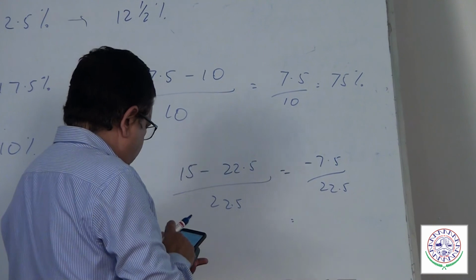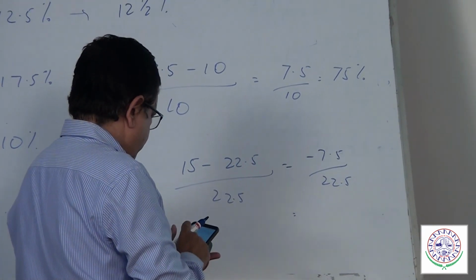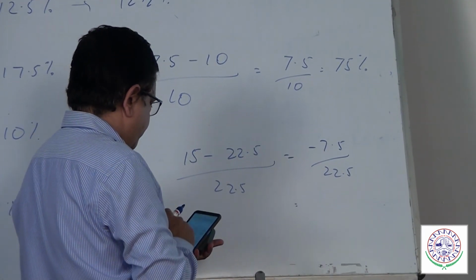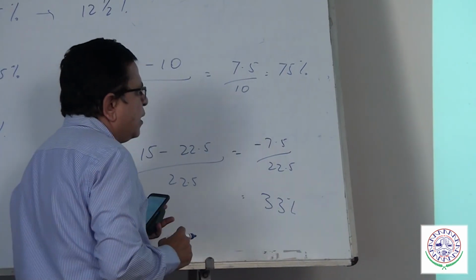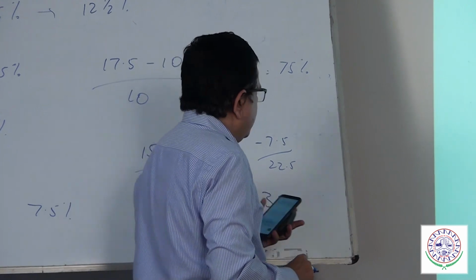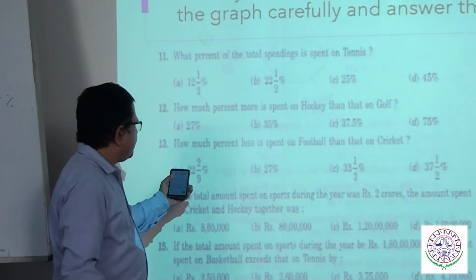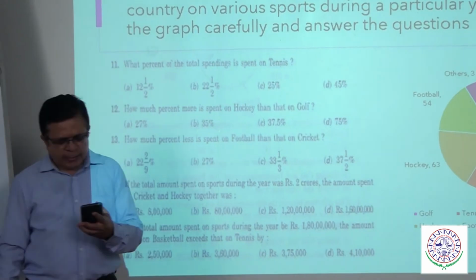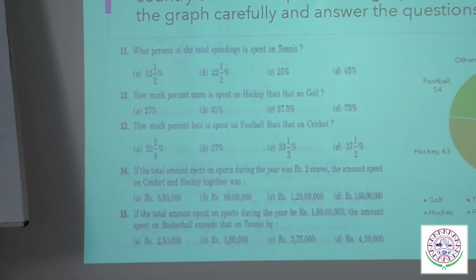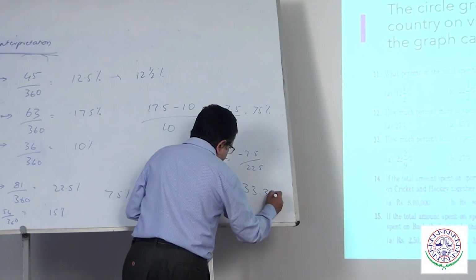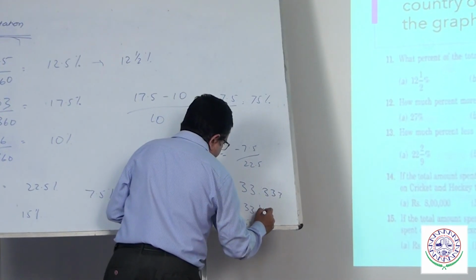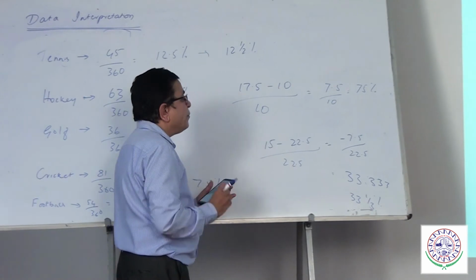And that works out to 33% less. It's actually 33.333, so that is 33 and 1/3% less.